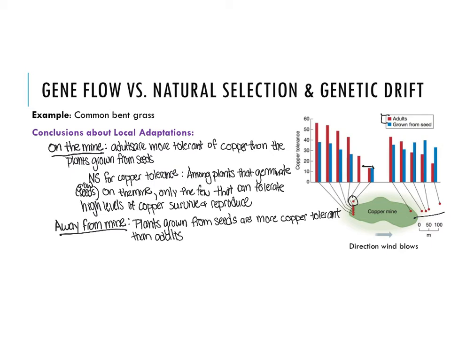This doesn't mean natural selection isn't happening. In fact, natural selection is happening. It's just happening in a different way. So natural selection in this environment is against copper tolerance. So when you're not on the mine, there is selection against having that copper tolerance.